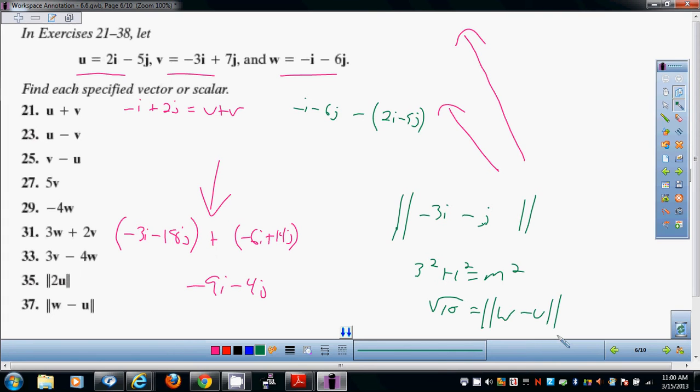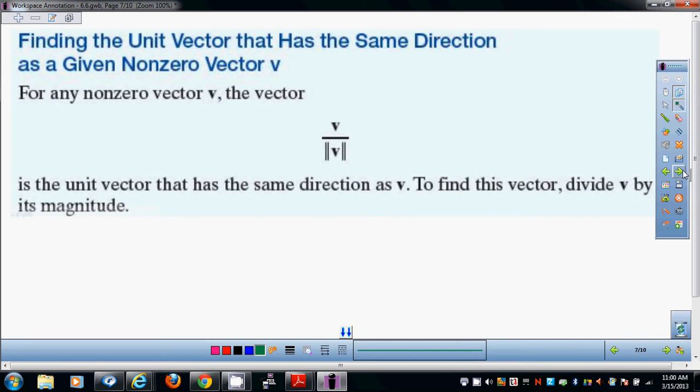Now, this is really what you kind of want to write down, although you're going to pick up on it so soon you probably won't even need it, but that is a little formula for finding a unit vector that goes in the same direction as our papa vector. Let's call it a papa vector. Now, i and j are a horizontal and a vertical unit vector. One i is a horizontal unit vector, one j is a vertical unit vector, but we are looking at something that's not just straight right, straight left, straight up, straight down. So you can use that little formula. And here's all you have to do.